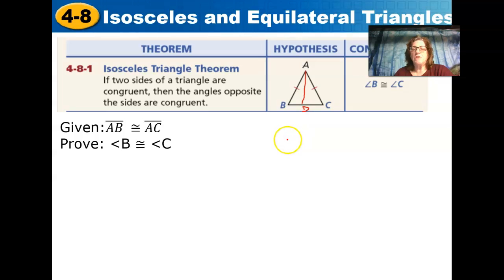The third step in my proof would be to say angle BAD is congruent to angle CAD by definition of angle bisector. Step 4, AD is congruent to line segment AD by reflexive property of congruence. That gives me that the two triangles are congruent by SAS, and then therefore angle B is congruent to angle C by CPCTC.